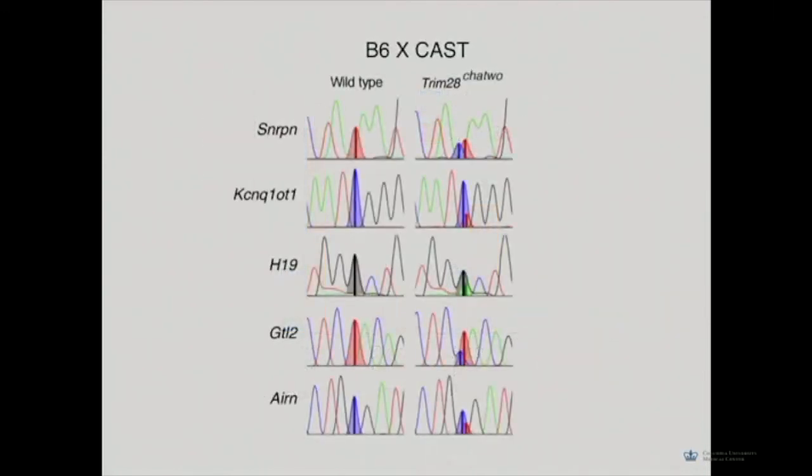However, when we did black 6 versus Mus musculus castaneus crosses, which have many polymorphisms, we find that the SNRPN gene is expressed only from the maternal allele in wild type, but from both alleles in the Cha2 mutant. And that was true for every imprinted gene that we looked at. We saw full or partial reactivation of every imprinted gene. Again, this is very similar to what you see in a DNMT1 mutant.